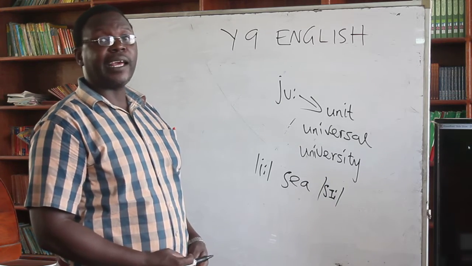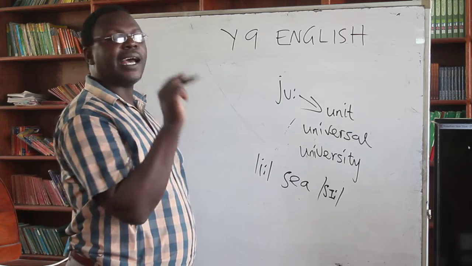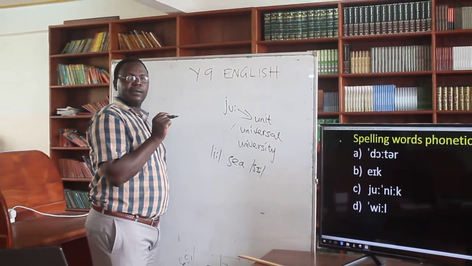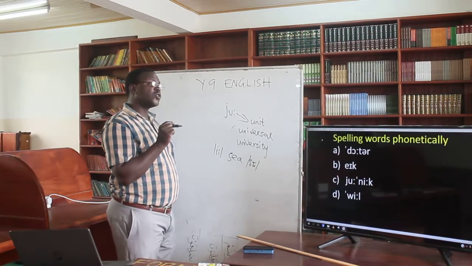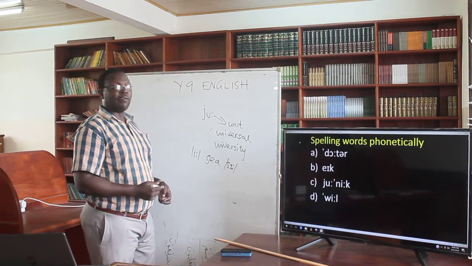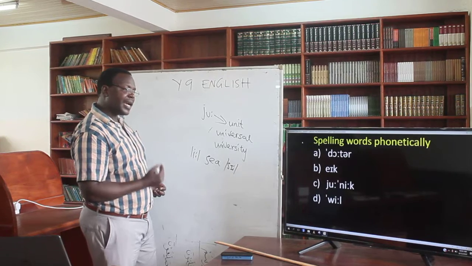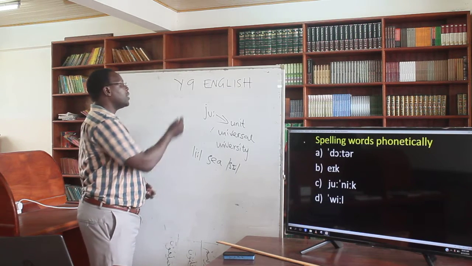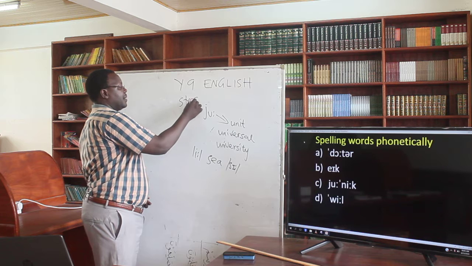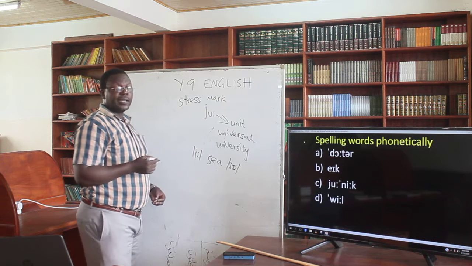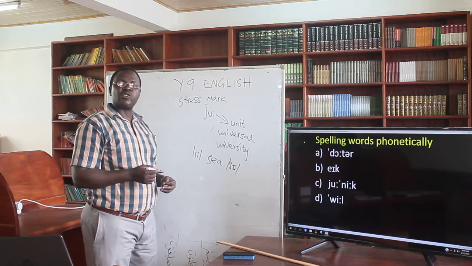One thing you've noted there on the screen is that there is a mark behind the word. That also shows how the word is supposed to be pronounced. Some of the words don't have the mark, others do have the mark somewhere. Where we have that mark that we call stress mark, it shows the syllable that is stressed.